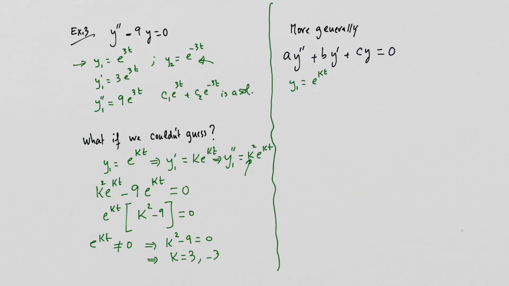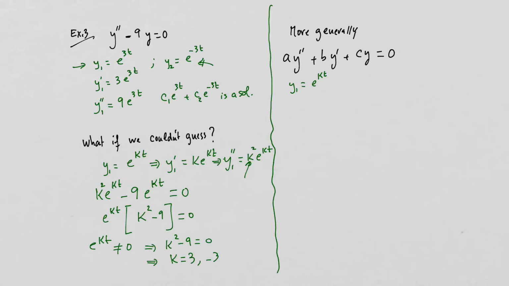So we're going to plug in the same thing. So y1 is that, and therefore we know that y1 prime is that, and y1 double prime is k squared this time. I didn't forget. It's k squared. So we're going to plug them in. We're going to get a k squared e to the kt plus b k e to the kt plus c e to the kt equals 0.